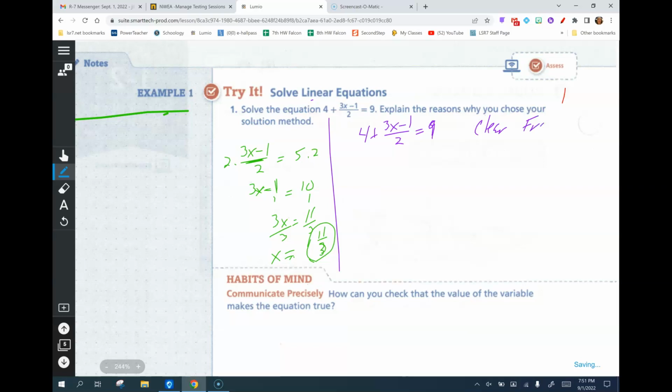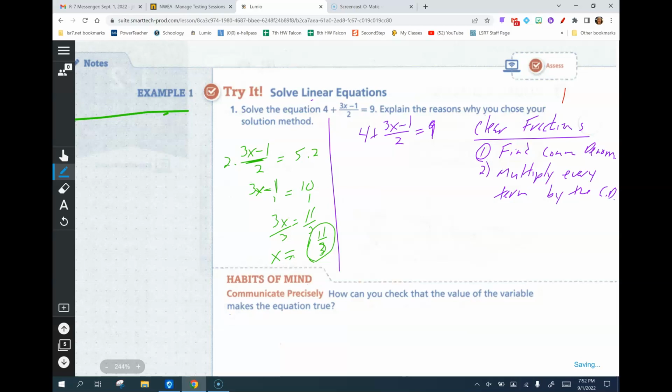To clear fractions, because you're going to have some in your homework, you're going to want to make sure you actually clear the fractions first. First, you're going to find the common denominator. Second, you're going to multiply every single term by the common denominator.